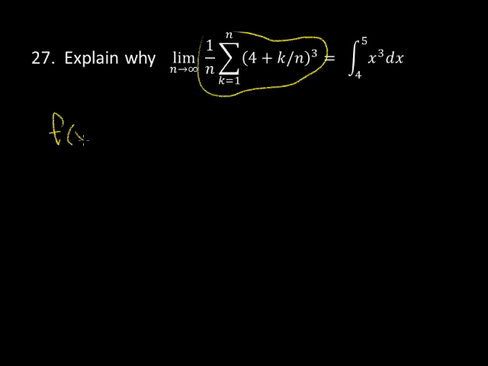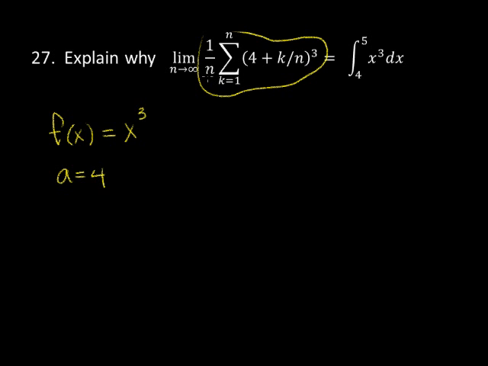Well, the first thing we can see is that the function is x cubed, because we see this is cubed. And if this is a right endpoint, which it appeared to be, a must be equal to 4, because we see 4 plus k times 1 over n. Oh, and here's 1 over n here.